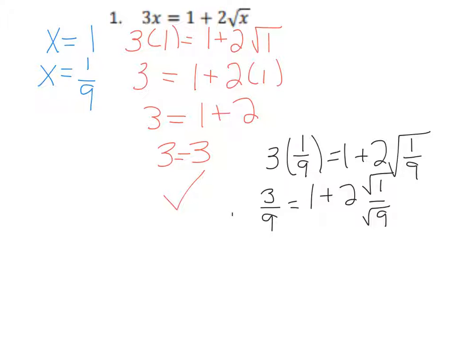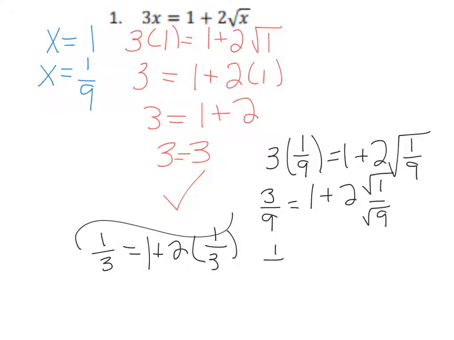Simplifying that further, 3/9 will be 1/3. And does that equal 1 plus 2 times radical 1, which is just 1, divided by radical 9, a perfect square, so that'll be 3.